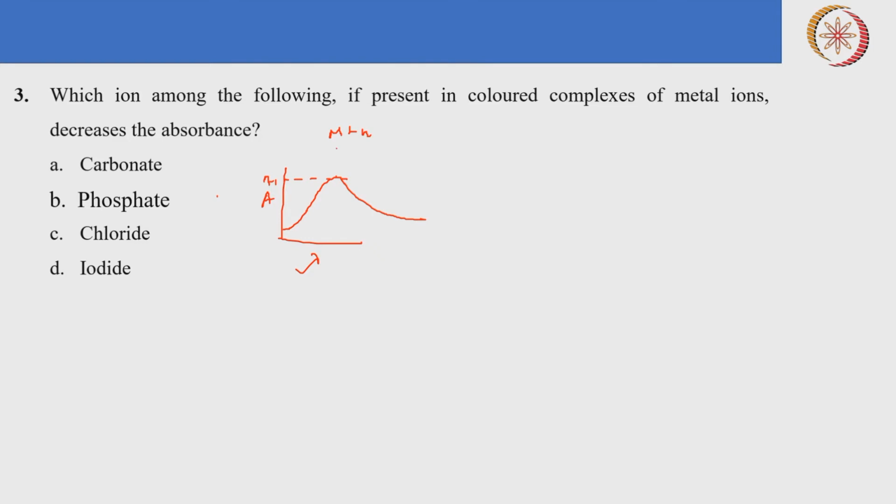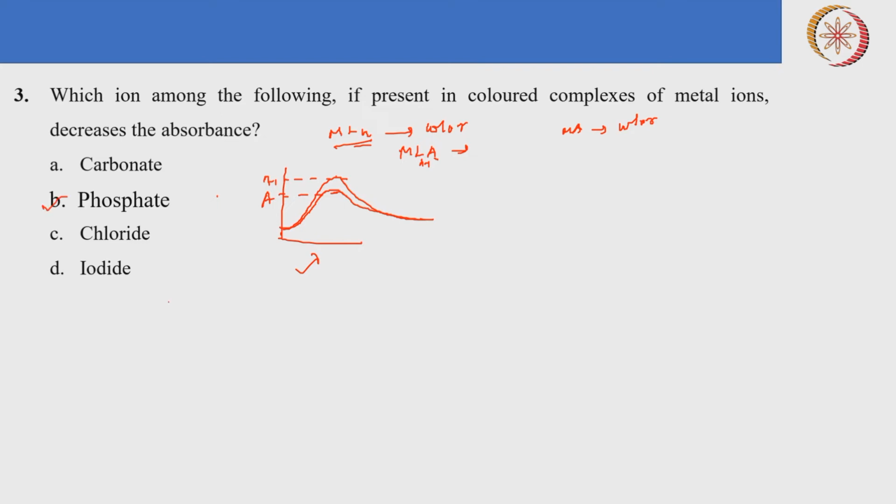Suppose you have a metal complex MLn, which is a colored compound, and you add something which forms ML(n-1) plus a complex that is colorless, so your color concentration or absorbance decreases.